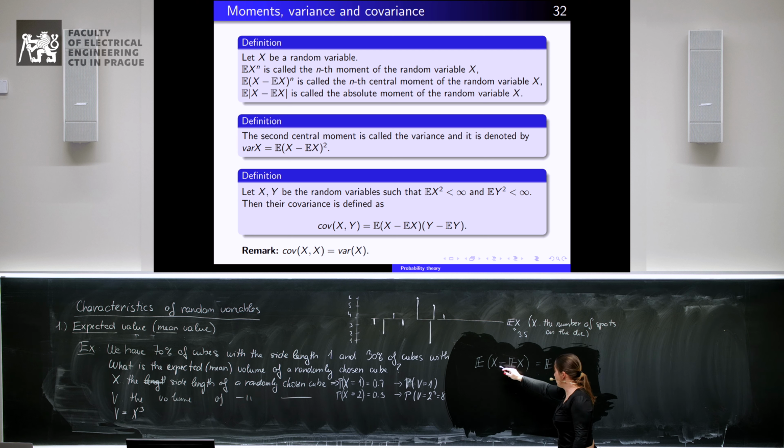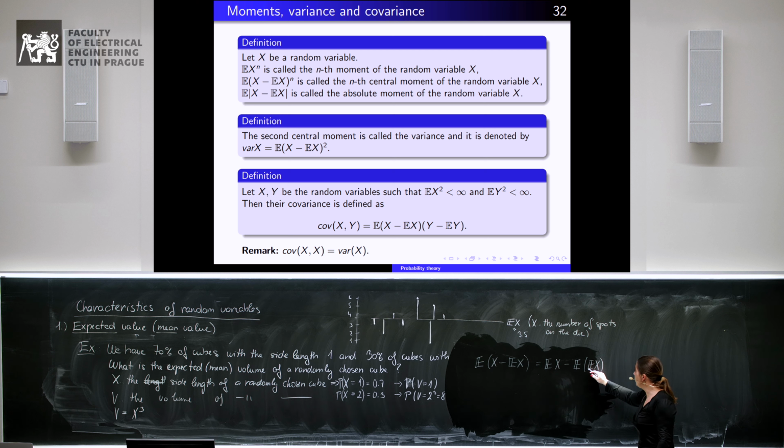Here we have a difference of two random numbers, so it can be calculated as the difference of their expected values. So it is the expected value of x minus the expected value of the expected value of x. But the expected value of x is constant. It is a given number.